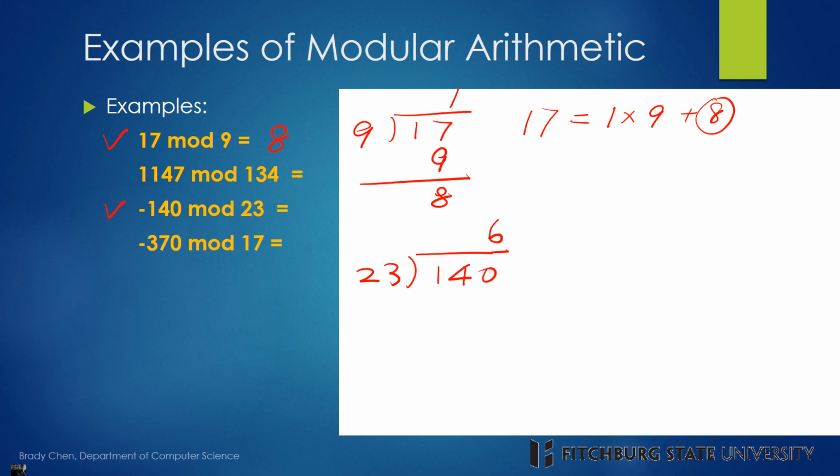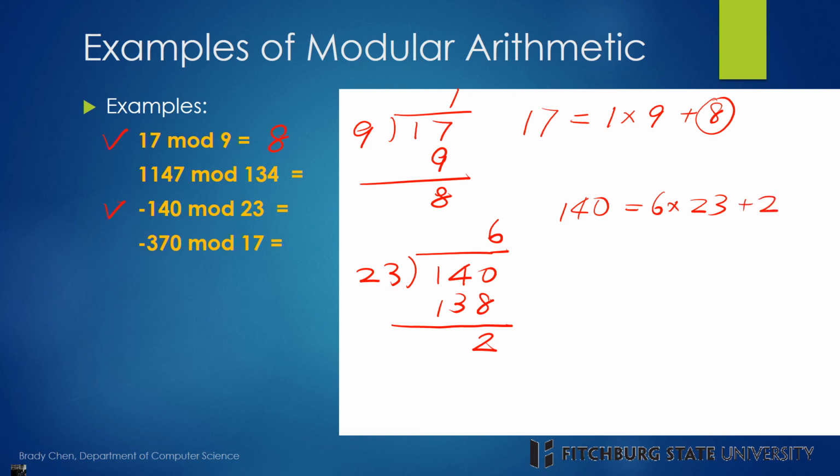When I put a 6, 3 times 6 is 18. So we got 2. So actually 140 is 23 times the quotient 6 plus 2.